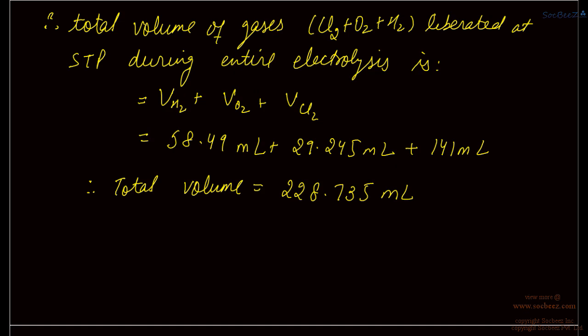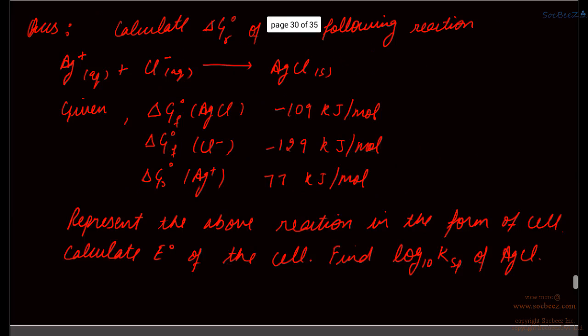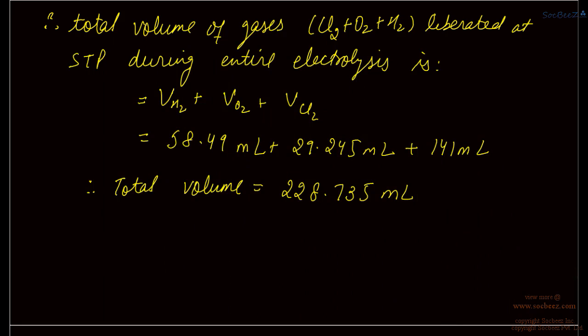So this is the case when we had assumed that the salt is CuCl2. Now let's assume that the salt is CuSO4, then what will be the volume liberated? Now in the first part of electrolysis, the ions discharged at cathode and anode are Cu2 plus and OH negative respectively.